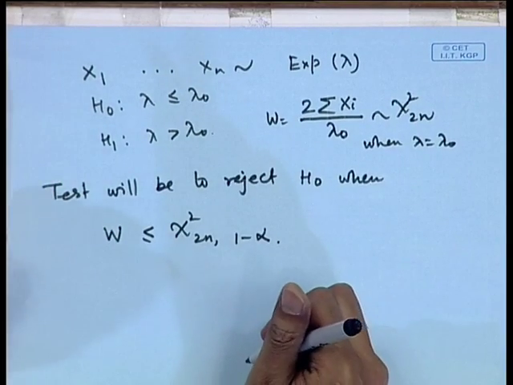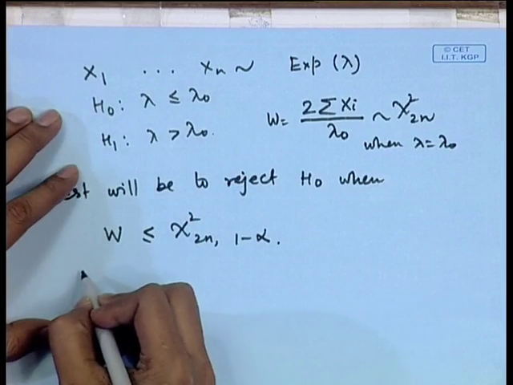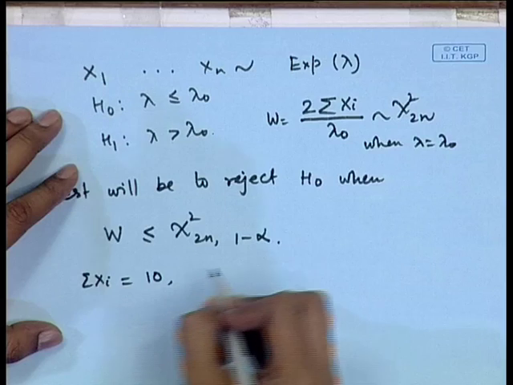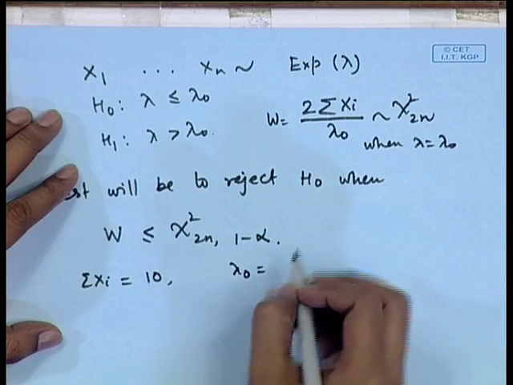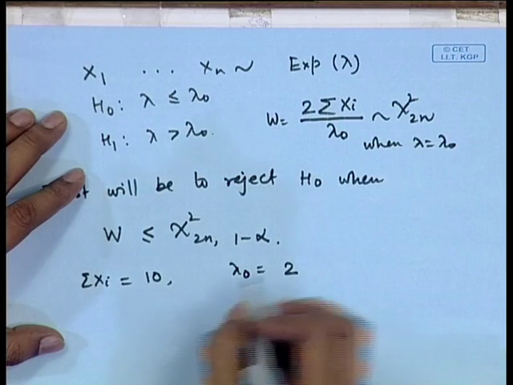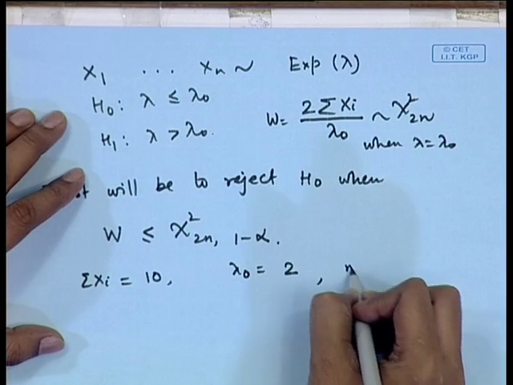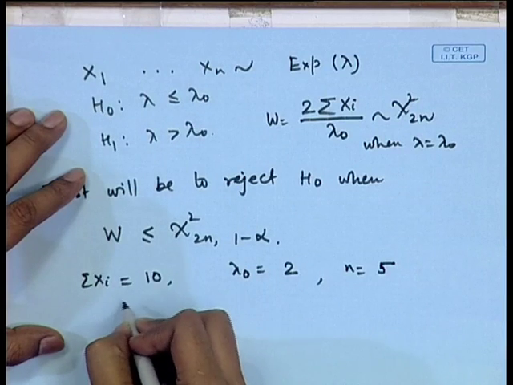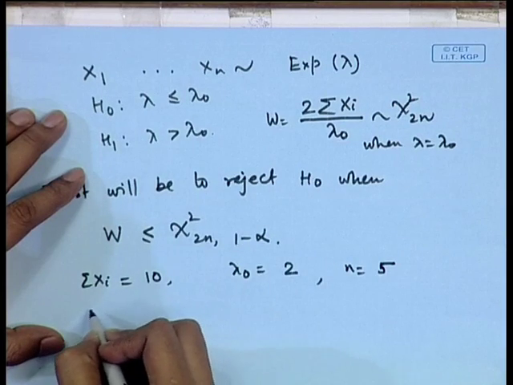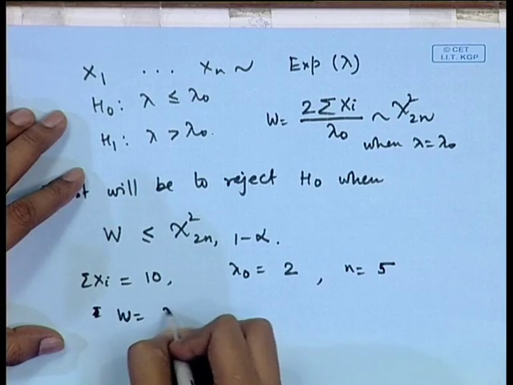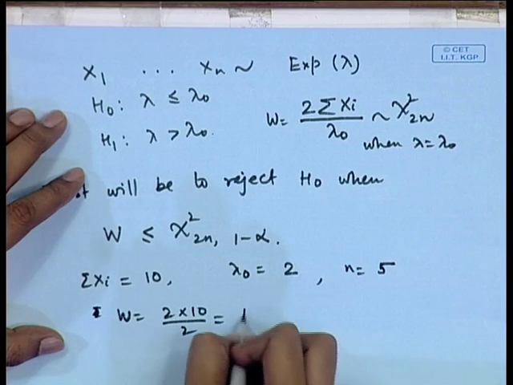Let us just take an example here, where sigma x_i turns out to be say 10. We are testing about say lambda naught is equal to 2 and say n is equal to 5, and then this test statistic W will become equal to twice into 10 by 2, that is equal to 10.